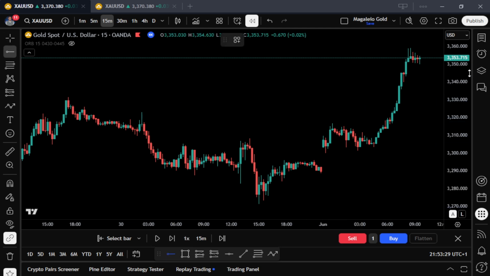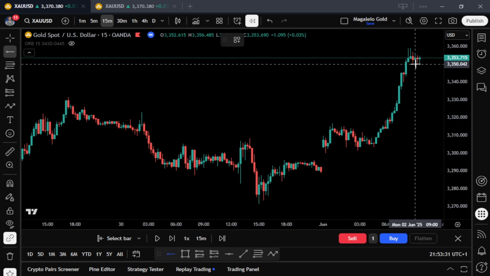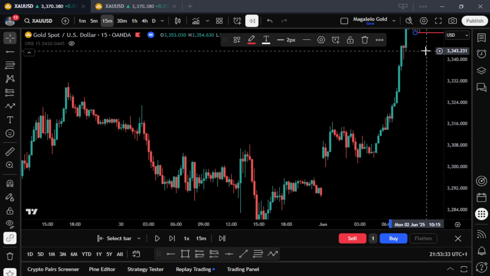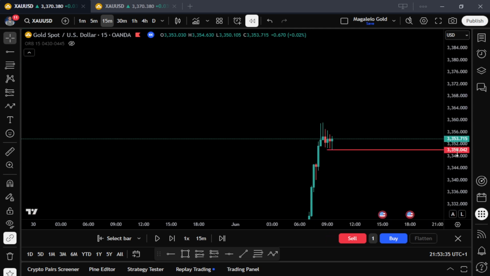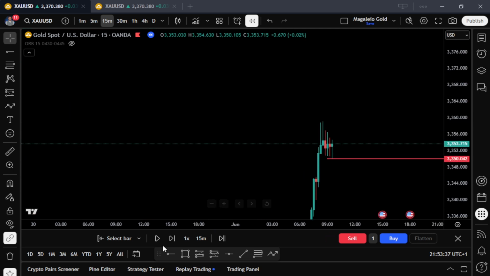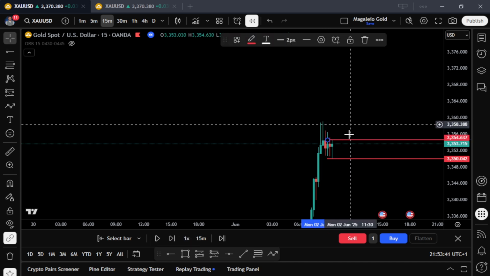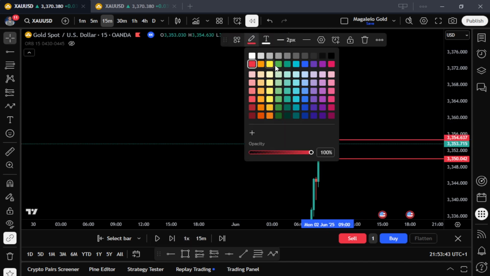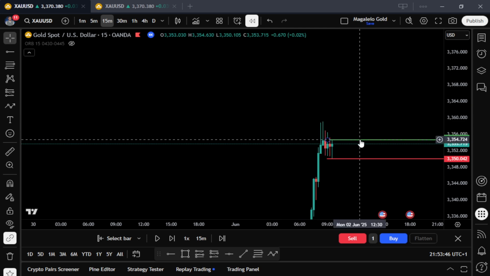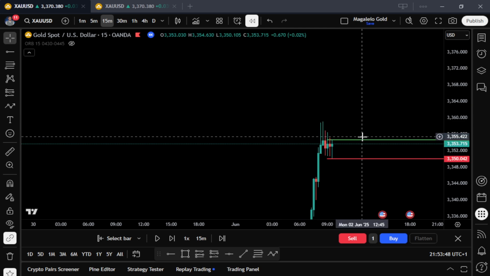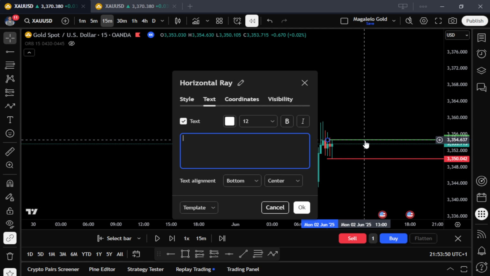So what do you do? You come, you mark out your high. You mark out the high of the candle, and you mark out the low of the candle. Let's change this to green. So this is the high of the candle, and this is the low of the candle, right, guys? You mark that out.